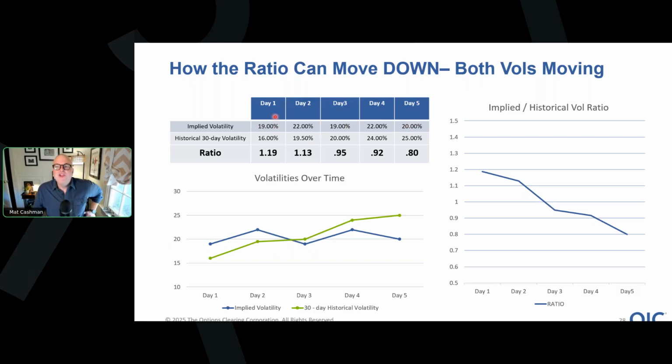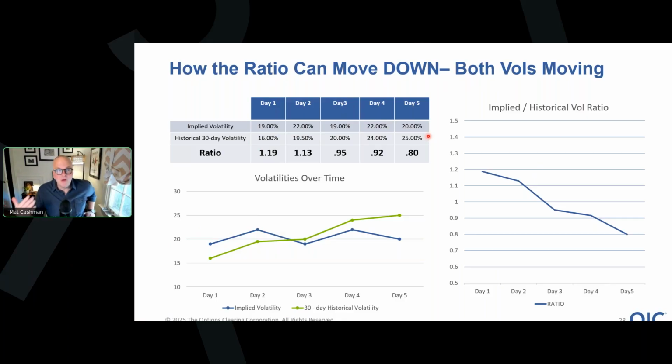However, if you were selling that implied vol and the 30-day vol, the actual measure of how much the thing was moving, was changing significantly over those 5 days and went from a 16 on day one and rallied to a 19.5, a 20, a 24, and a 25, and you were short options, you wouldn't necessarily lose money because the implied vol was going higher, because it really isn't going that much higher.